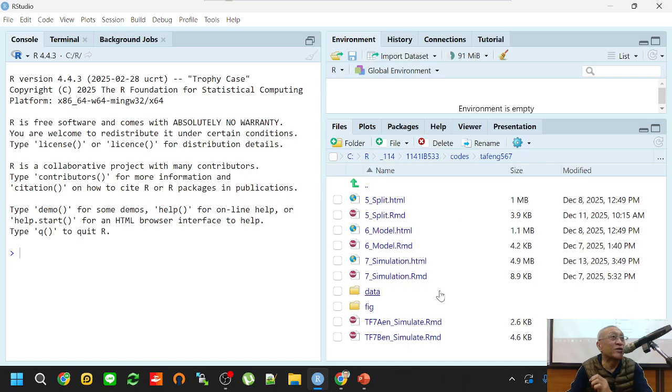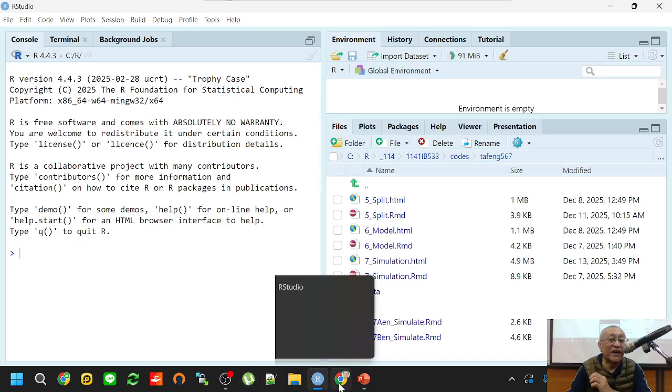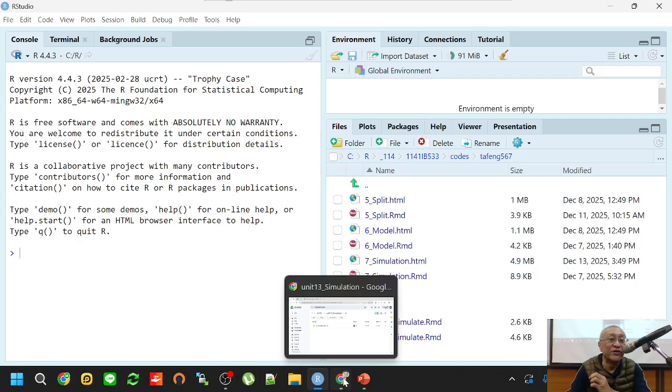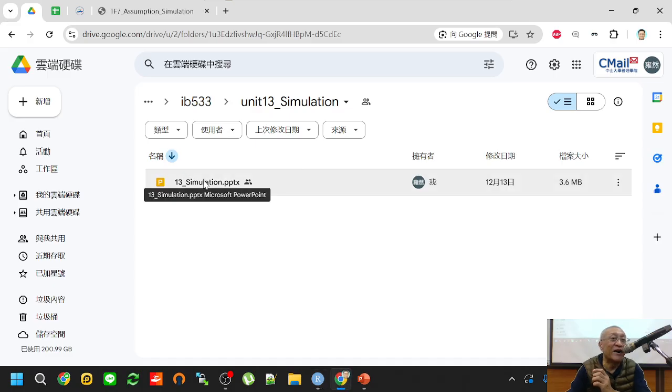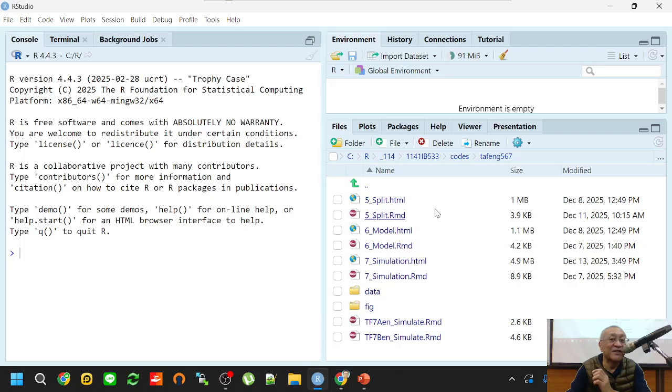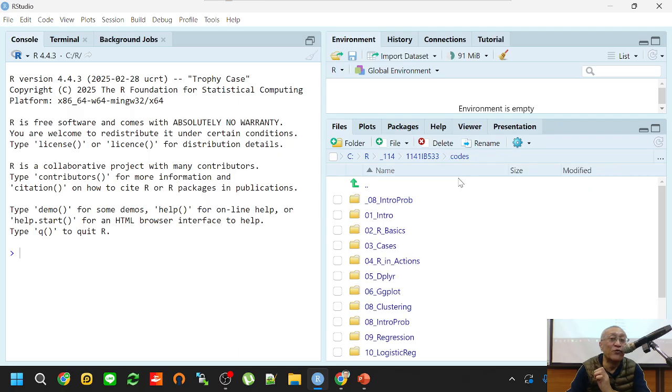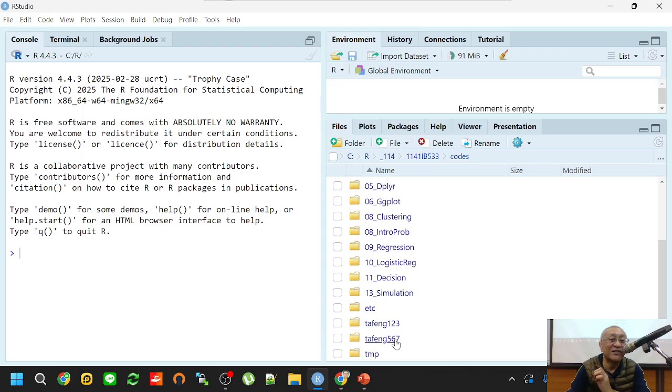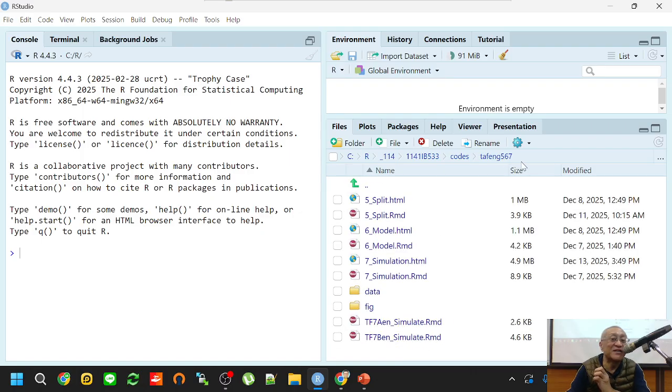The major notebook that we are going to cover today is under this Tafang 567, and it's 7 simulation. I will say it again. Today the materials only have the material folder. We only have a PowerPoint file, and the code and data have already been given under your code folder and under the Tafang 567 folder.